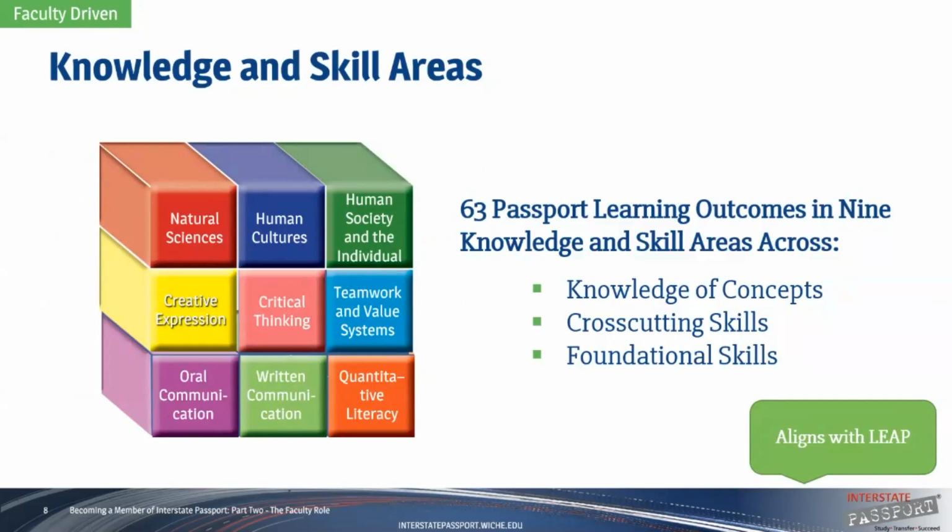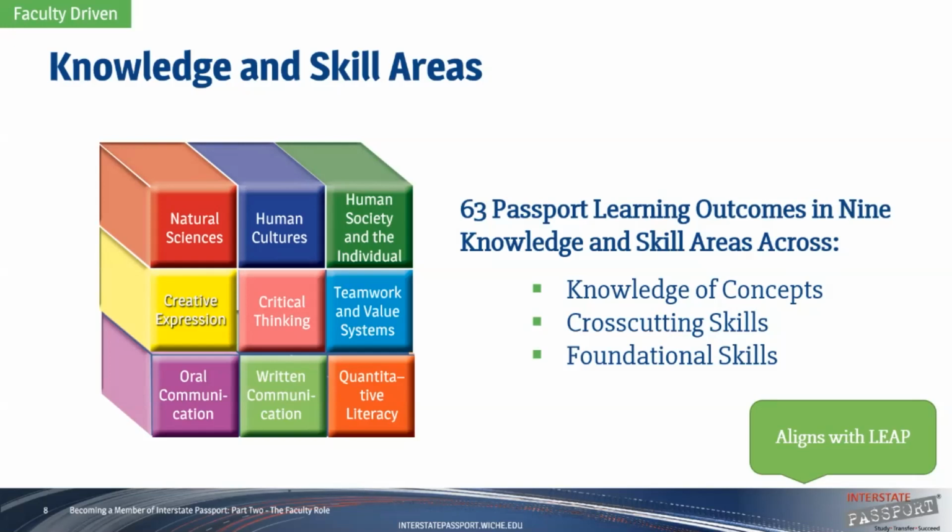There are 9 knowledge and skill areas that were identified by this process, and then 63 passport learning outcomes across the 9 areas. The nine areas included the foundational skills that you'll see across the bottom in this slide, upon which others are built: oral communication, written communication, and quantitative literacy.